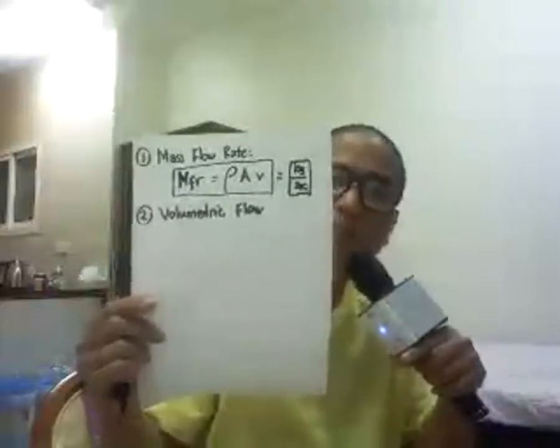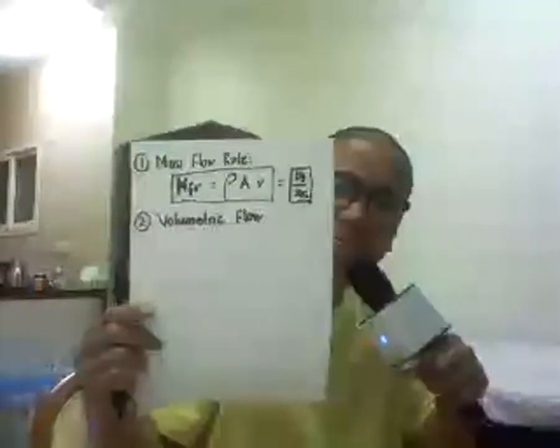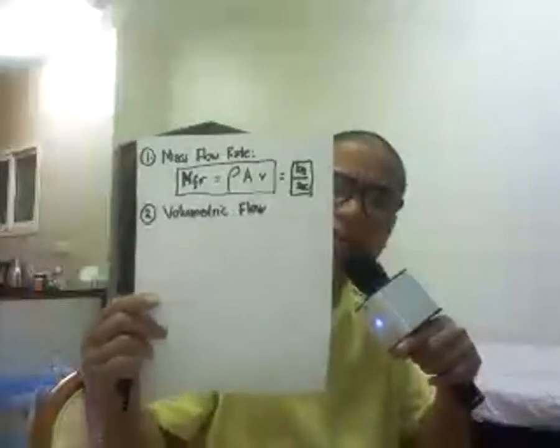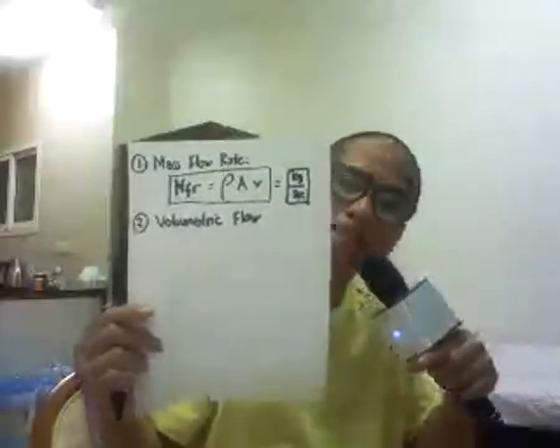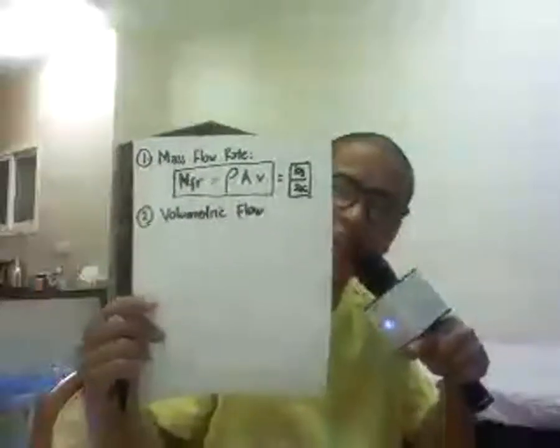So this is a mass flow rate, that's why kilogram per second, right? It could be gram per second, right? It could be pound per second. It could be ton per second. Anything mass unit over time unit, that is mass flow rate.